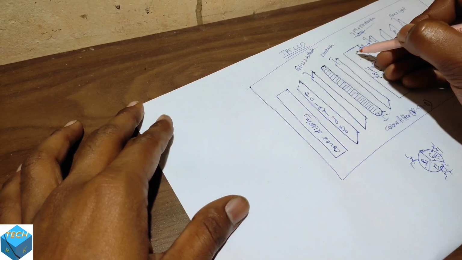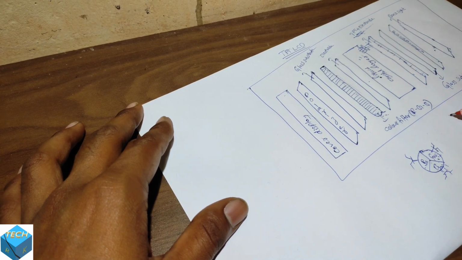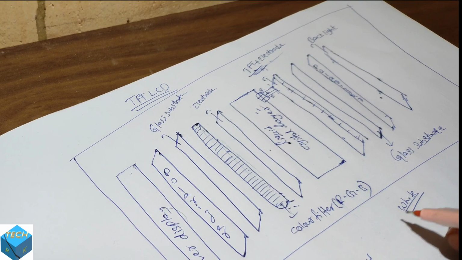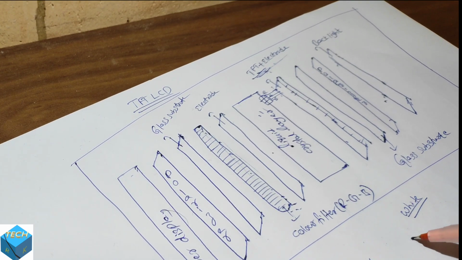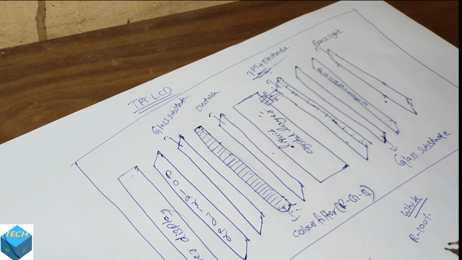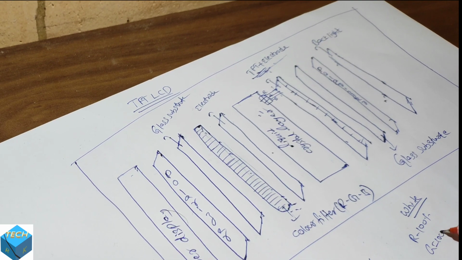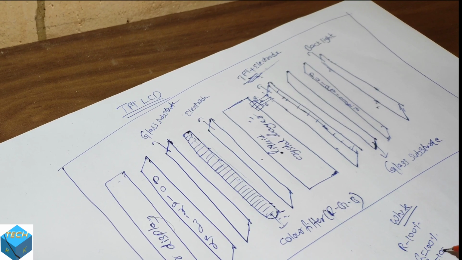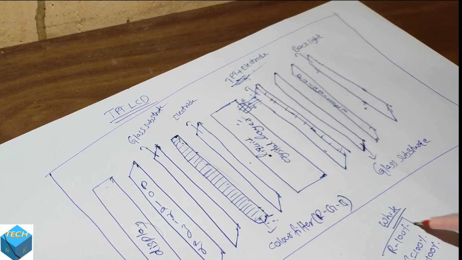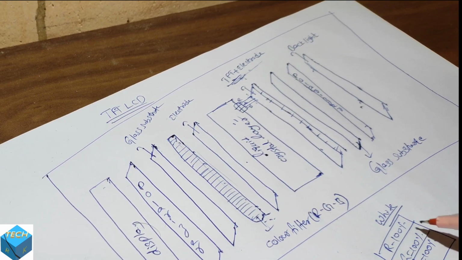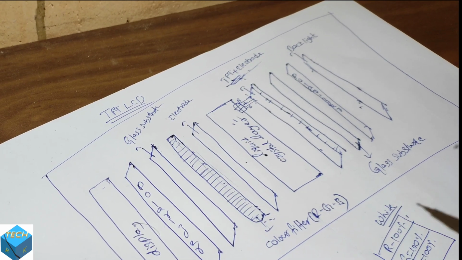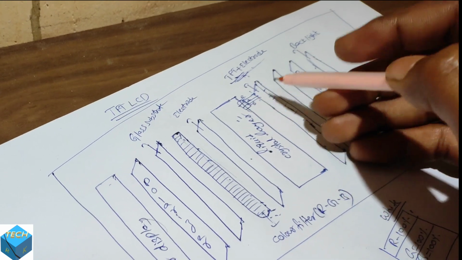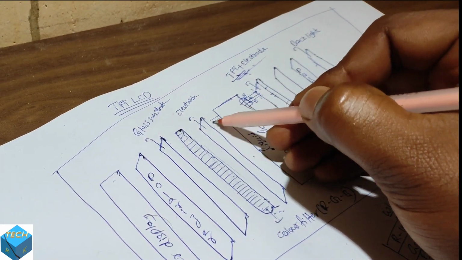So now what will happen? See, for example, we want white color. So what is the color combination of white? Red color 100%, green color 100%, blue color 100%. That means the intensity of light through the red pixel, green pixel and blue pixel is the same.